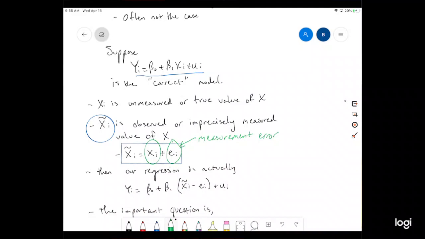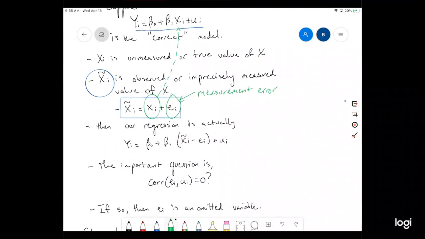Then if we plug this into our regression function, the regression is actually what I've just underlined: y is a function of x wiggle minus the measurement error, plus ui.